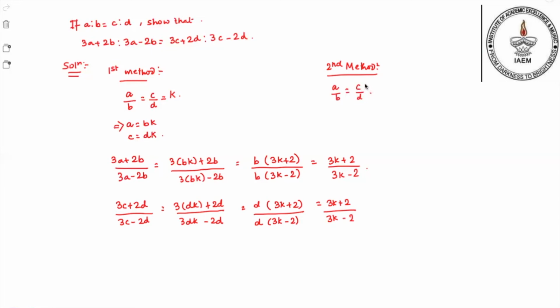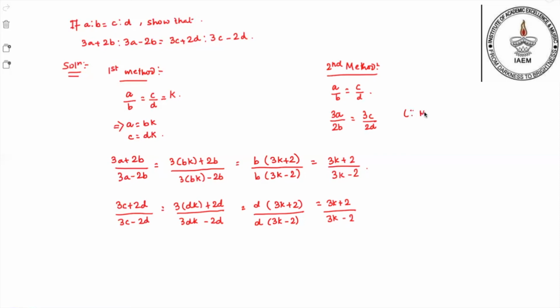So let us multiply the numerator on both sides by 3 and the denominator on both sides by 2. So we will get 3a by 2b equals 3c by 2d.